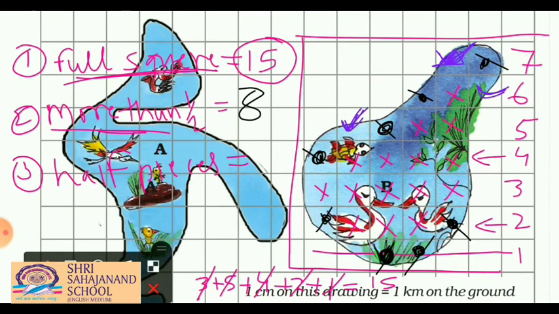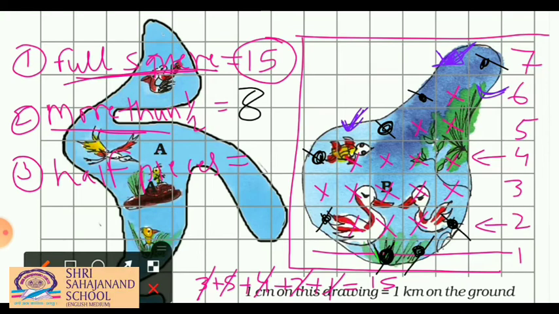Then in row 1 it is less than half, these two are less than half. So we found 3 halves. So 3 halves means 1 complete and 1 half. So we can write 1 whole 1 by 2, or in decimal you can write 1.5.